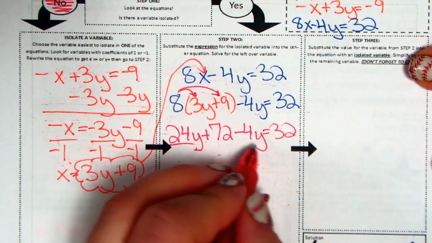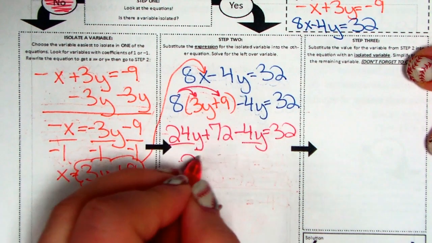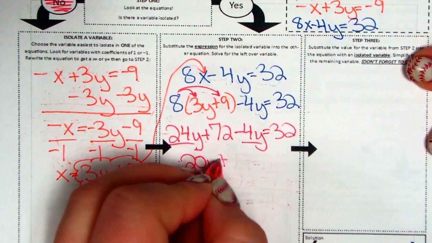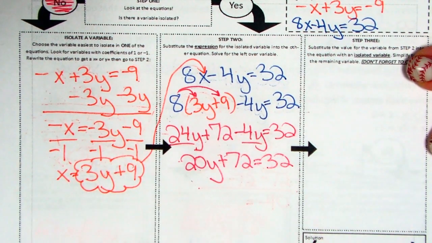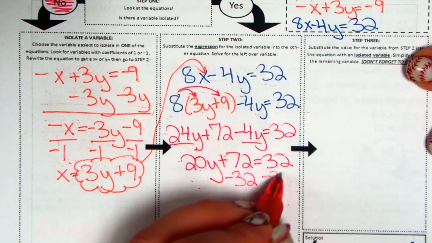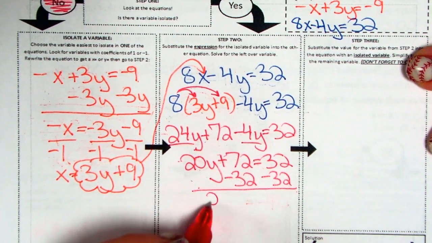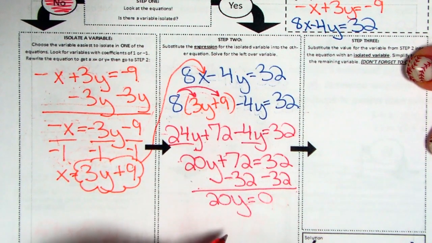Combine like terms. So 24y minus 4y gives me 20y plus 72 equals 32. Subtract 32 from both sides and we'll have 20y equals 0.